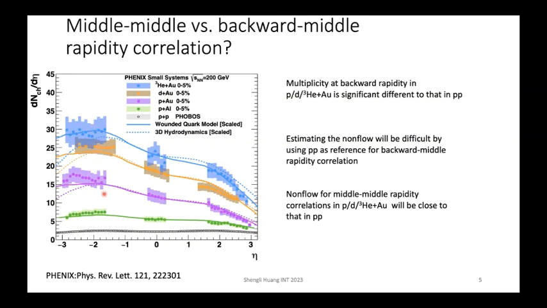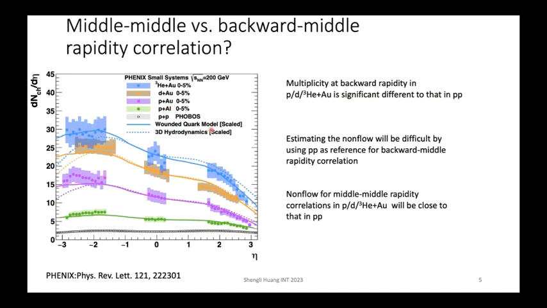That already tells us the situation of the He3+Au to p+Au is not like a simple superimposed pp, right? For most of the non-flow estimation, we just assume that the He3+Au to p+Au is a simple superimposed pp, but the multiplicity is already not that story.